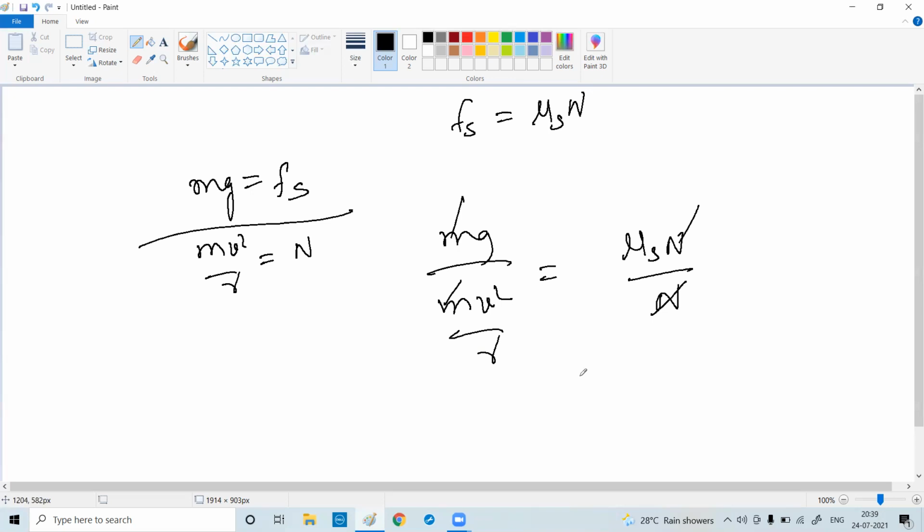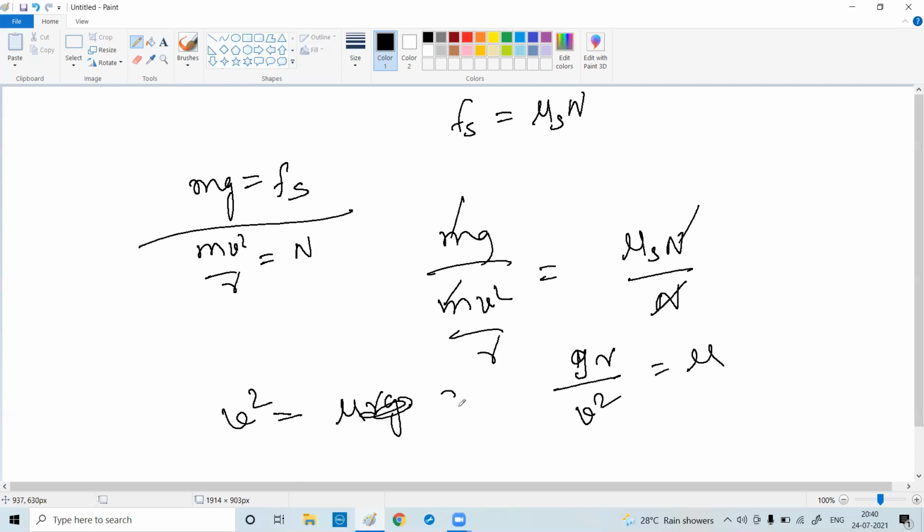So that becomes mu s. So g is there, g by the r will go, so v square equal to mu, so rg upon v square. If you take that side, it will be mu v square equal to rg.